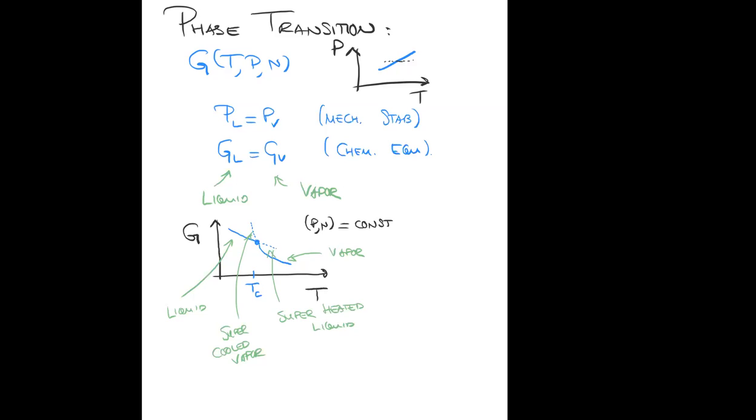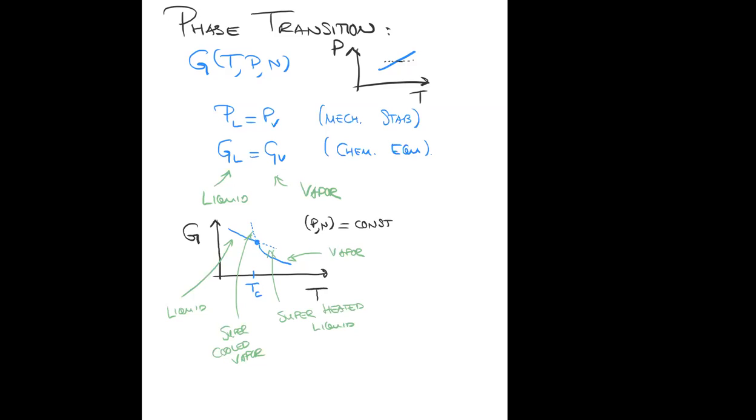What this is also an illustration of, by the way, is that we saw that if you have more than one phase or more than one option for your system, the thermodynamically stable one is the one that minimizes free energy or Gibbs free energy. So one way to think about this is that there are two possible functions, the Gibbs free energy of the liquid and the Gibbs free energy of the vapor.